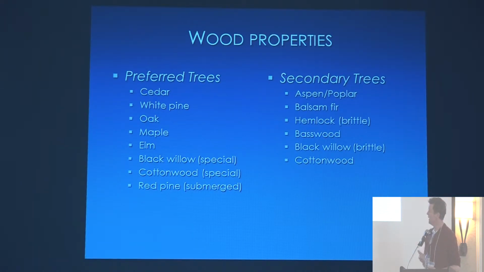Oak, elm has a really high density, can last a long time. Some of these on the bottom are normally not the best because they're soft and they disappear quickly, but if you can work them into a jam that's getting exposed to water, they'll actually sprout up and come to life. And now your wood starts to get a whole other level of stability.